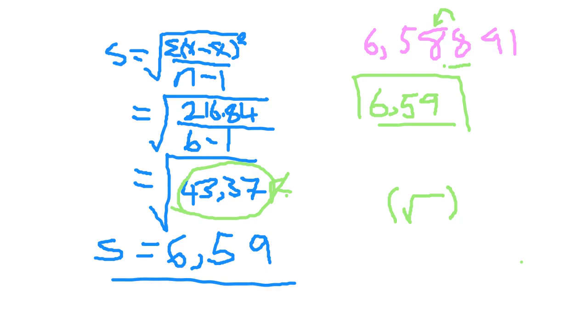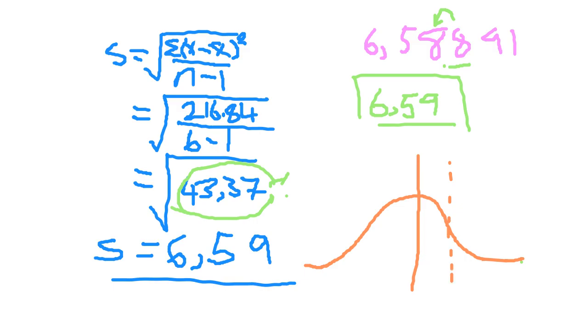So then if we just look at a normal distribution, let me just make a little bit of space here. Here we've got the mean, and then this would be 1 standard deviation, that's 2 standard deviations, etc. And so now we know that S equals this.